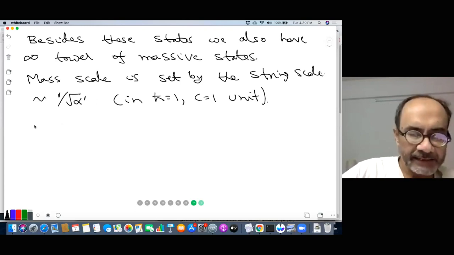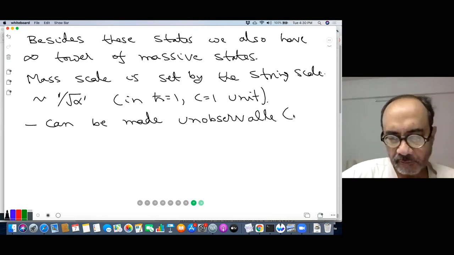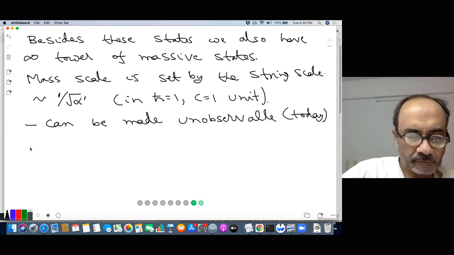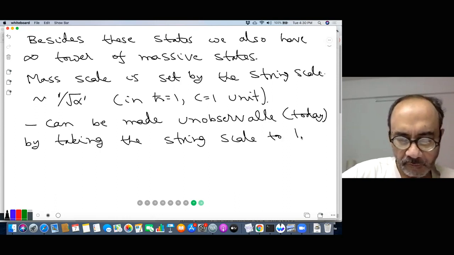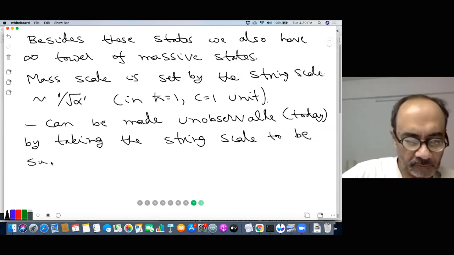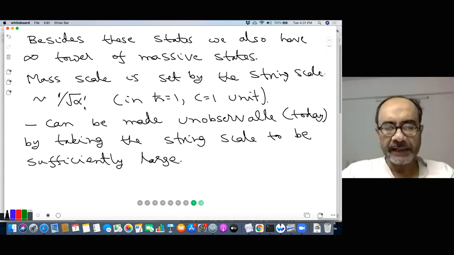And the idea is that these can be made unobservable today by taking the string scale to be sufficiently large. Typically one takes the string scale to be of the order of the Planck scale, in which case, of course, these are clearly not observable today.